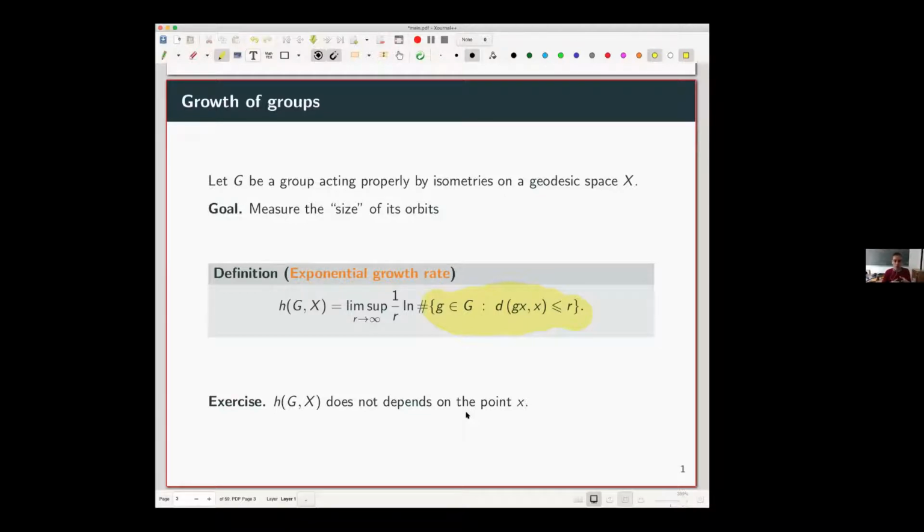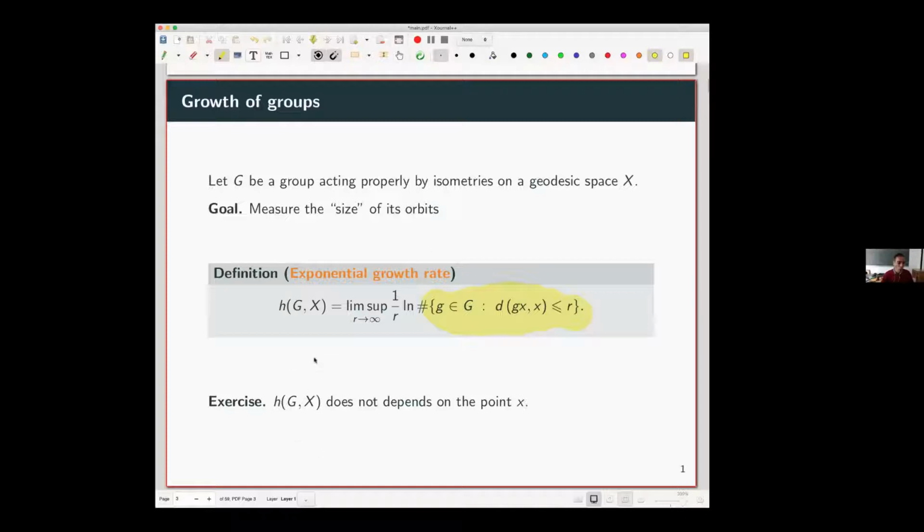And you try to understand the asymptotic behavior of this number when the radius of the balls goes to infinity. To quantify this asymptotic behavior, the standard thing is you take the logarithm, you divide by r, and you take the limit as r goes to infinity.